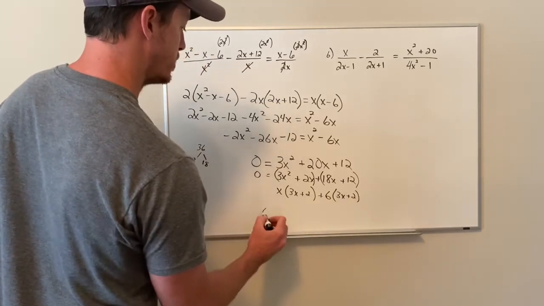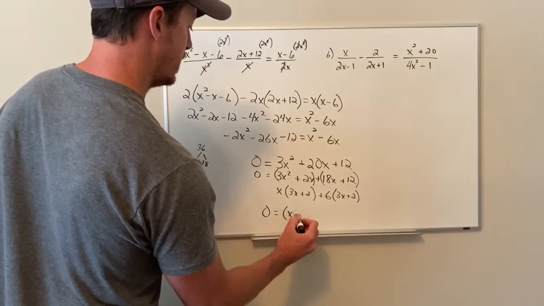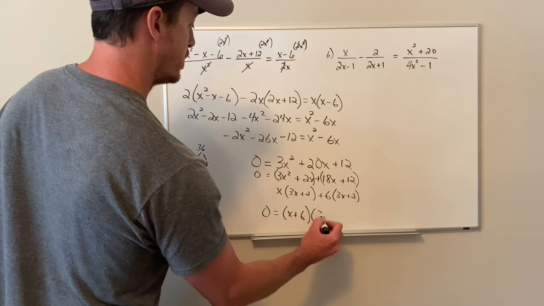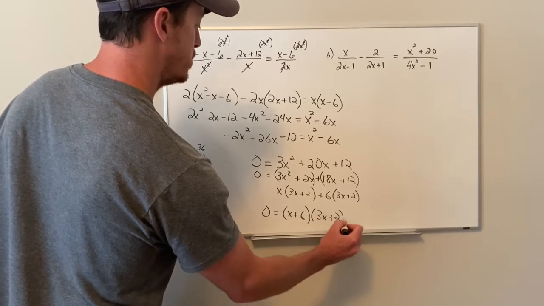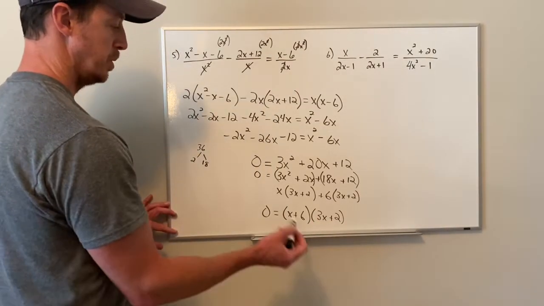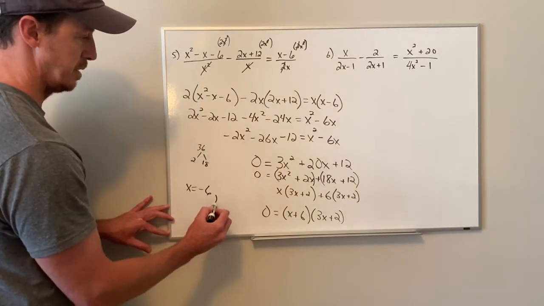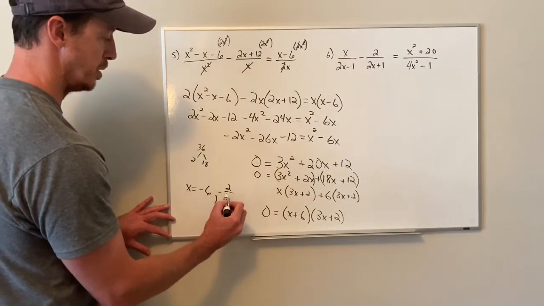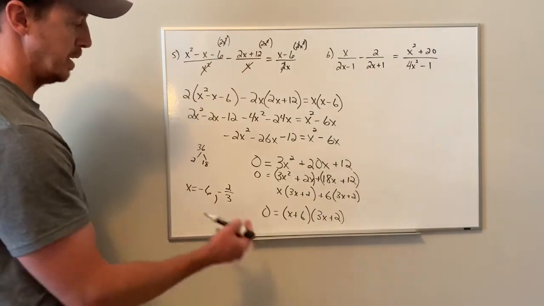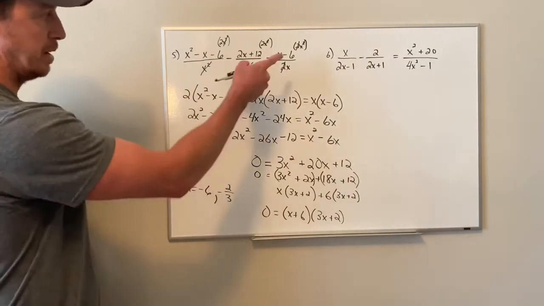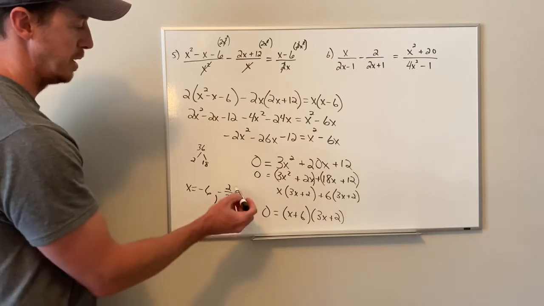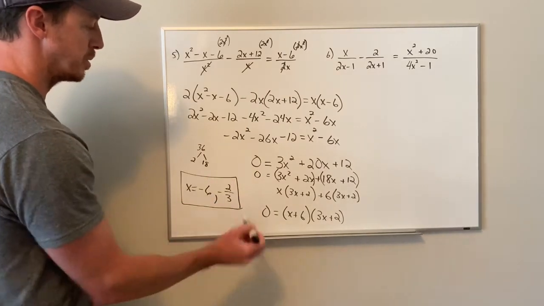That's a good thing, so 0 equals x plus 6 times 3x plus 2, which means that x equals negative 6, negative 2/3. Again, just do a quick check, make sure none of those make any of those denominators equal 0. They don't, so that's okay, that's good.